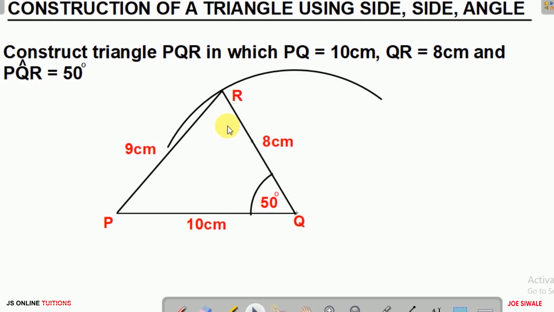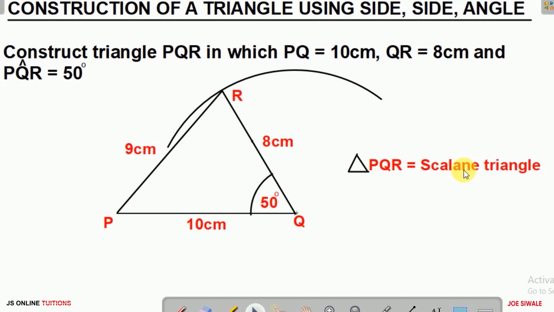So we can see that our triangle PQR doesn't have equal sides. So we can name it as a scalene triangle. So a scalene triangle is a triangle that doesn't have equal sides. So we can say our triangle PQR is a scalene triangle.